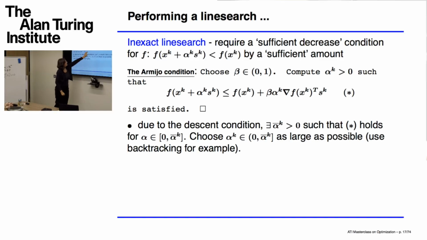So one can show that there is always an acceptable interval for which this can be satisfied. So what we do is we can start with some arbitrary guess, alpha 0, and then we keep reducing that guess until we satisfy this property. So that's a simple backtracking.